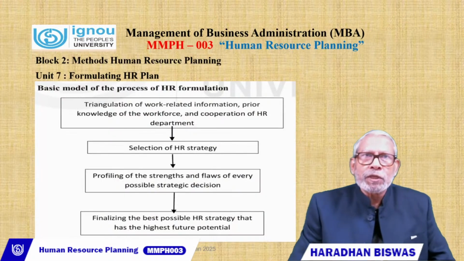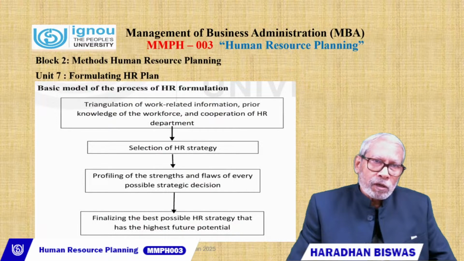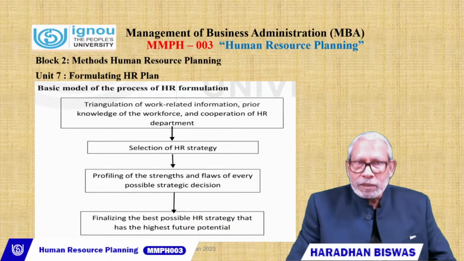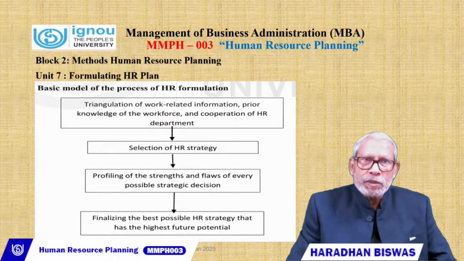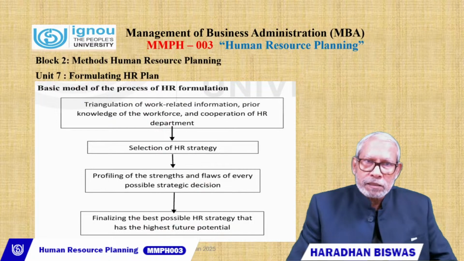Now for that, some models are there. There's a basic model of the process of HR formulation. Triangulation of work-related information, prior knowledge of the workforce, and cooperation of the HR department. So these are the first things, we can say these are inputs.